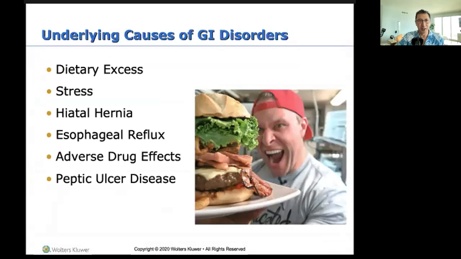Underlying causes of the GI disorders: dietary excess, buffet kingdom here in Vegas, stress, hiatal hernia, esophageal reflux, adverse drug effects. Two of them here are related to Vegas, and peptic ulcer disease.